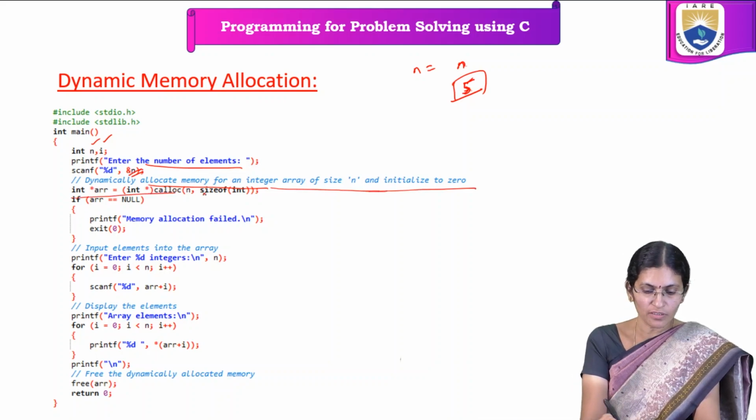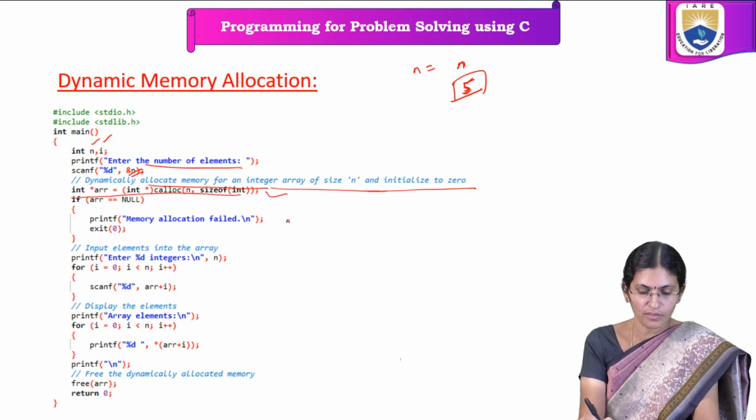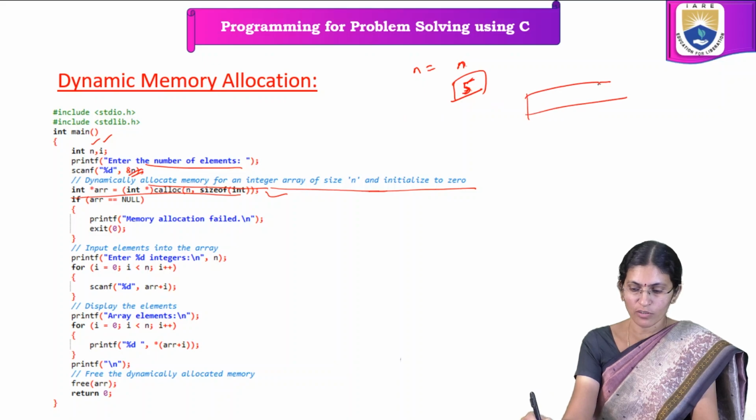With this calloc statement, it will allocate 5 blocks of memory, 1, 2, 3, 4, 5, and it will initialize all the values to 0. The base address of this, suppose it is 1000, is stored in the variable arr, which will store integer values.